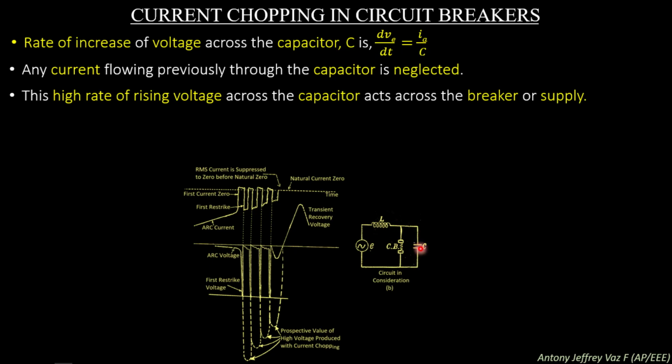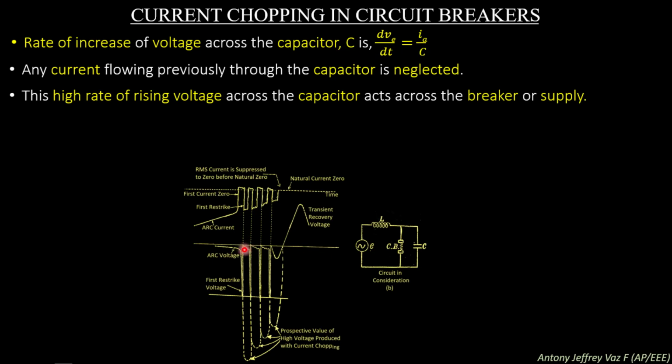So this capacitor gets charged at a very high rate of rising voltage, and this rising voltage will apply across the circuit breaker contacts because this capacitor is in parallel with the circuit breaker.